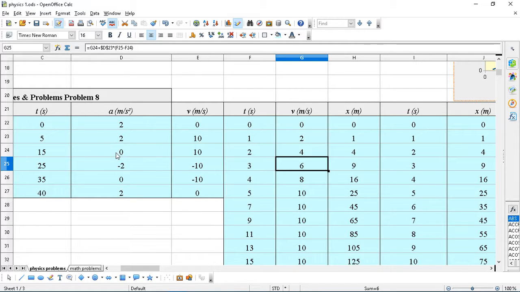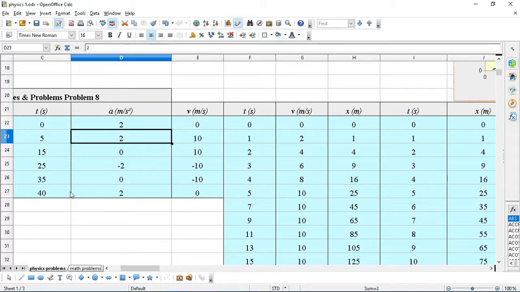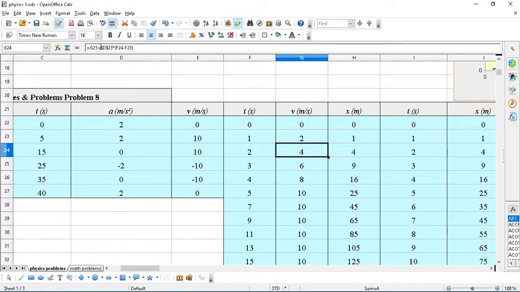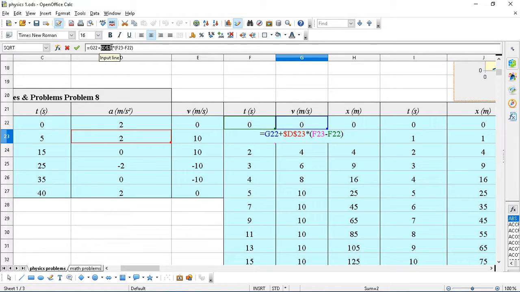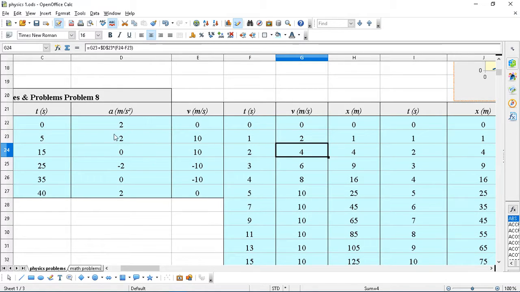So since D23 is this value, I use these dollar signs so that as I go down at least this part of the column by dragging down the fill handle, this cell reference doesn't change. So this value of the acceleration will be used for the calculations down to t equals 5.